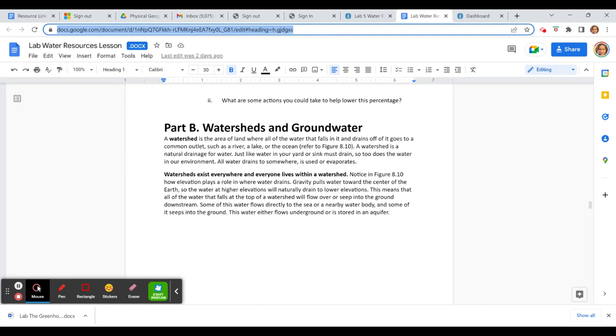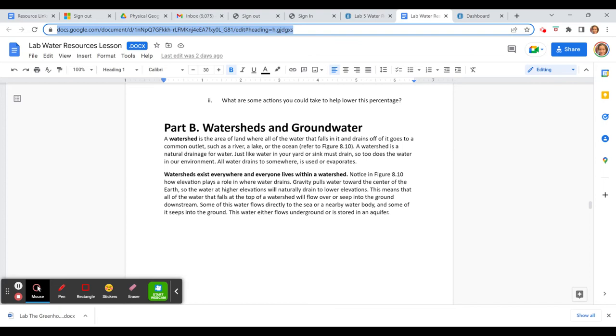So think about, for example, when you do the dishes or when you're outside and you use water. Where does it go? Well, some of it drains out into the street. Some of it soaks into your lawn or maybe into some sort of open area that you have. Wherever water goes, it's going to either drain somewhere or it's going to evaporate.